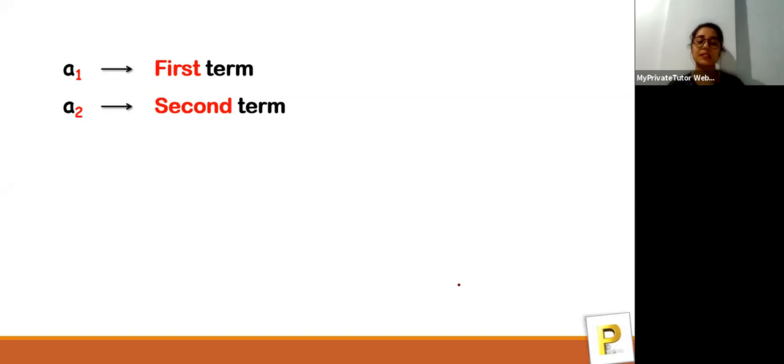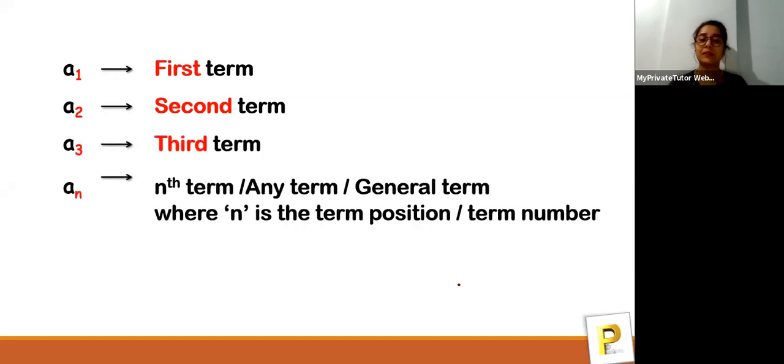So for any list of numbers, the first is called the first and the second is called the second, until the end of the list you have. A3 is called the third term, and An is called the nth term, or any term, the general term, where n is the term position, the term number.